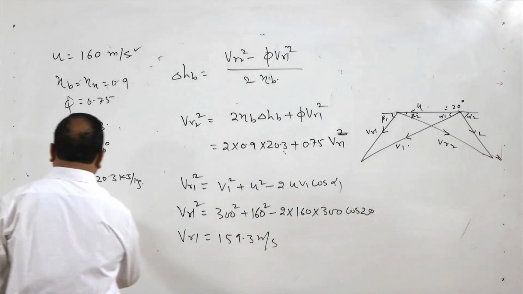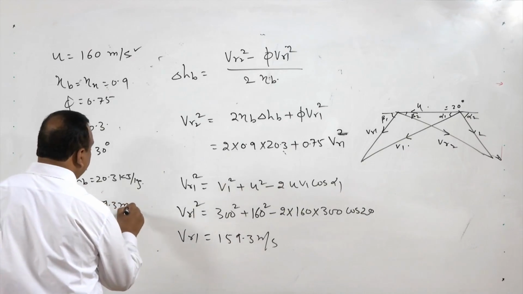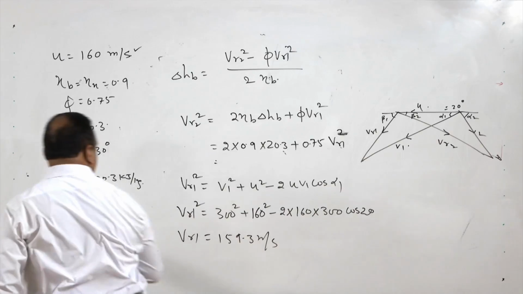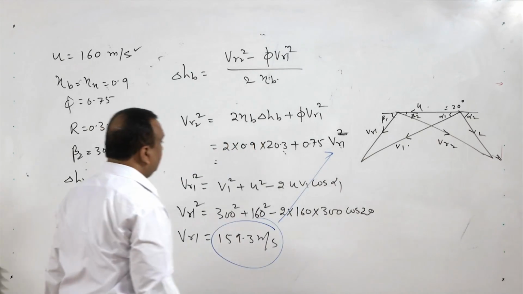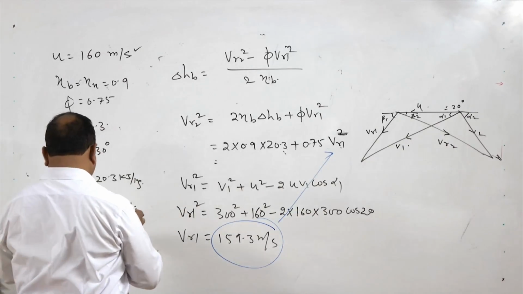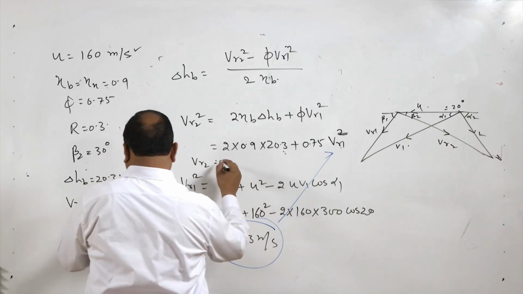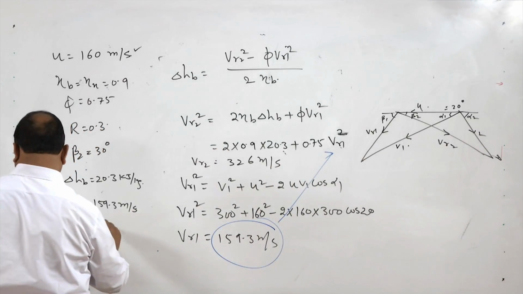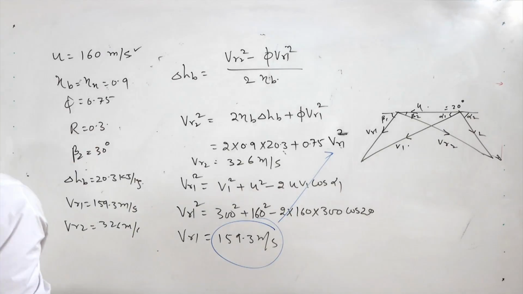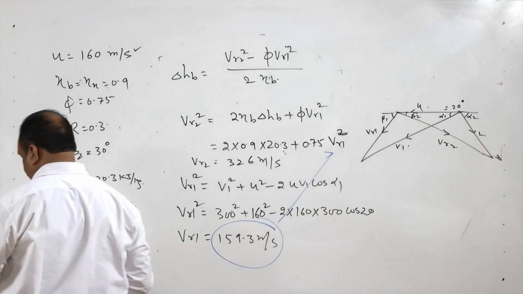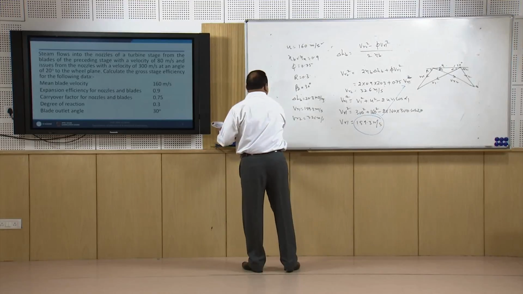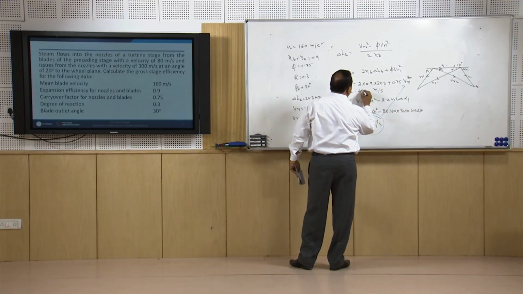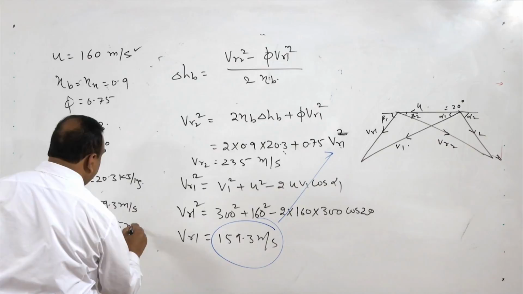Now, we can put this value of VR1 here, and then we can get the value of VR2. Sorry, it is 235 meters per second.